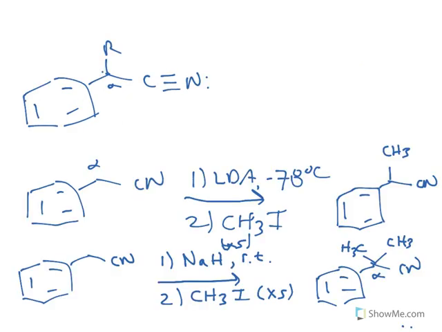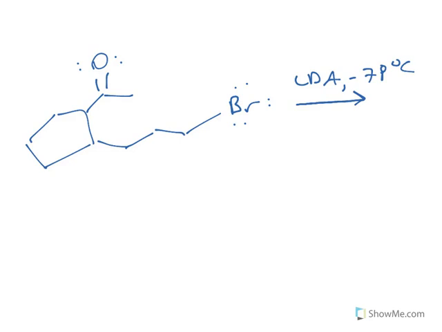Going back to the two schemes below, if I take an enolizable molecule and treat it with LDA, I make the enolate, and then it reacts with an alkyl halide in the second step. So I'm talking about this top reaction here. Now, LDA minus 78 is going to make my enolate, but what's cool about this is I already have an alkyl halide built into the molecule. So this is going to be an intramolecular reaction.